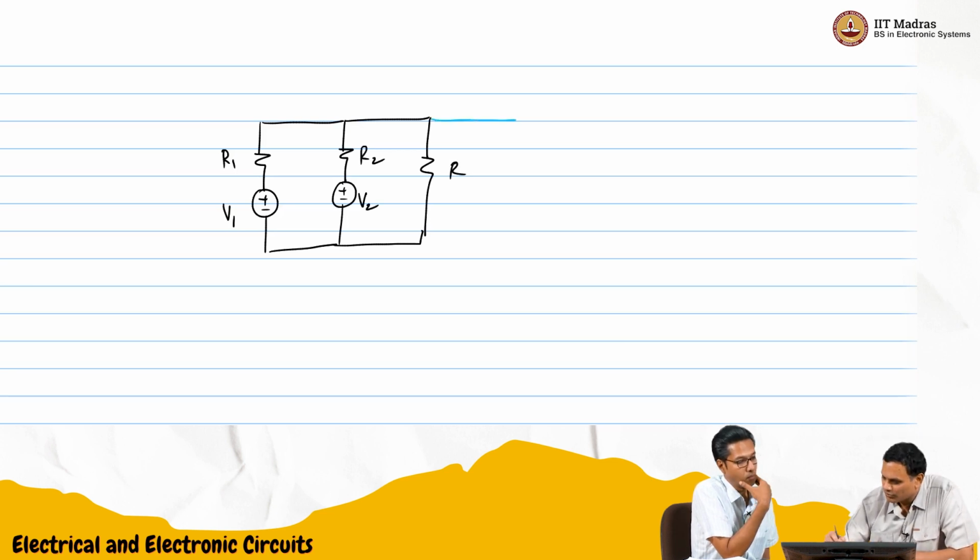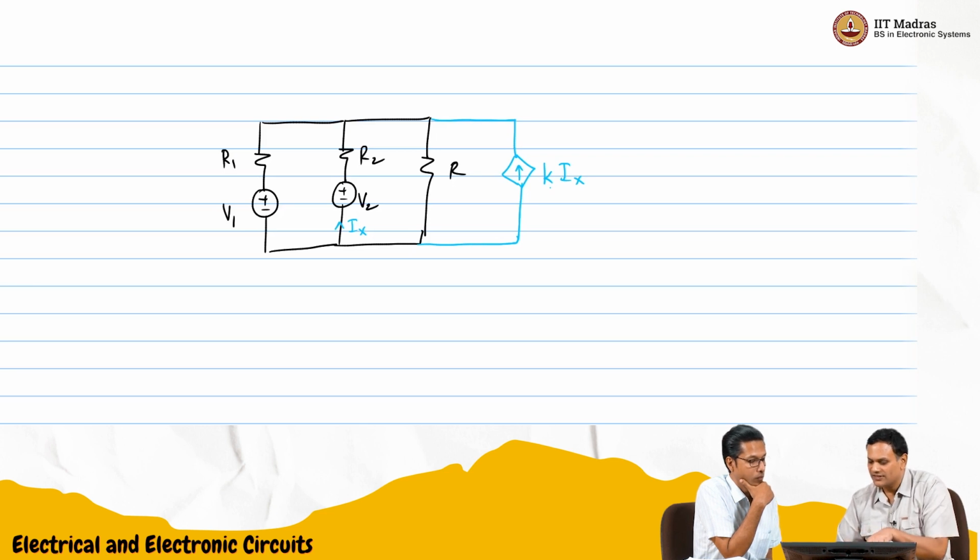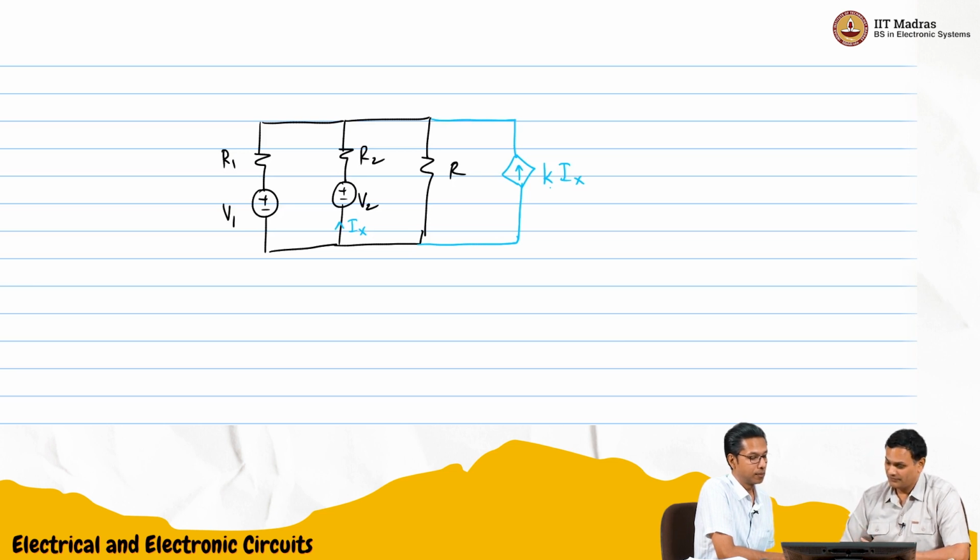I could add it to the network like this, and say that this current is Ix, and the source is K times Ix. Now the current through this current source is a gain scaled version of Ix. So solving it, we need to take K times Ix into account also. It becomes a little bit hard, so we need to set up the equations carefully. Now the dependence is more clear.